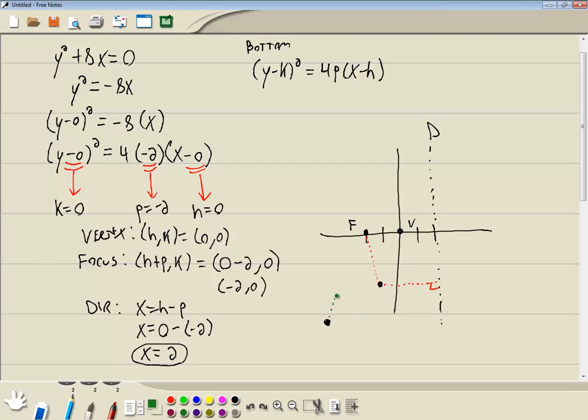And again, that distance there should be the same as the distance here. I'm a little bit off again, aren't I? But this is just sketching, so don't get real worried about it. Once you get a couple points and you know a parabola's got a curve to it, it looks like that. And then by symmetry, this will look the same reflected up. And that would be our answer.